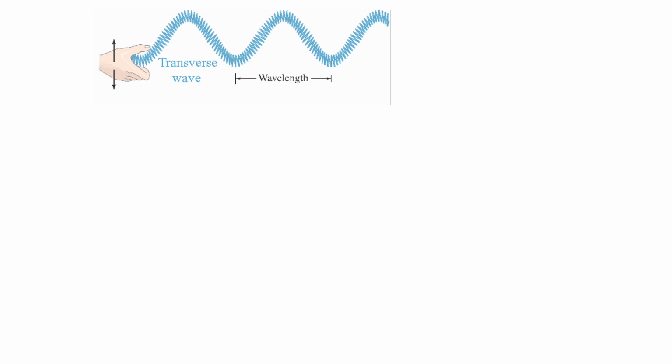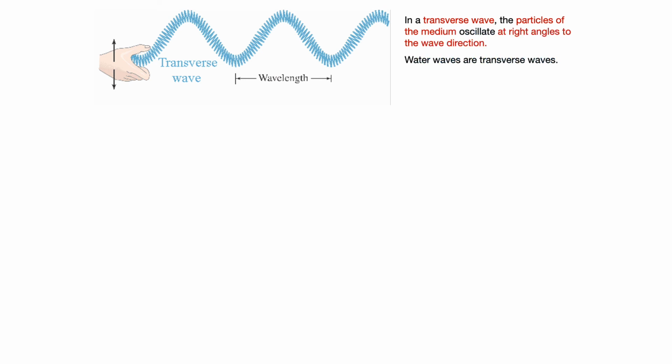Remember, we're viewing this from above, and the wave would travel to the right of the page, and you can see a wavelength there between two of the troughs. So in a transverse wave, the particles of the medium oscillate at right angles to the wave direction, and water waves are a good example of that.